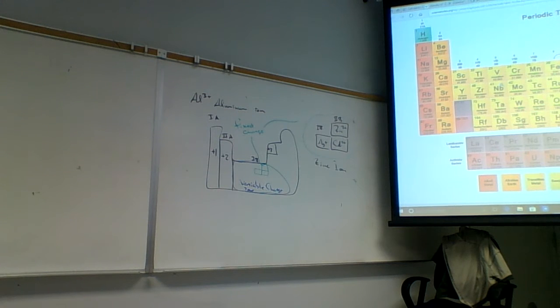Polyatomic cations, there aren't that many that we have to worry about. One of them is Hg2 2+. Hg2 2+ is diatomic mercury with a charge. Diatomic mercury with a charge is going to have a different name than mercury.